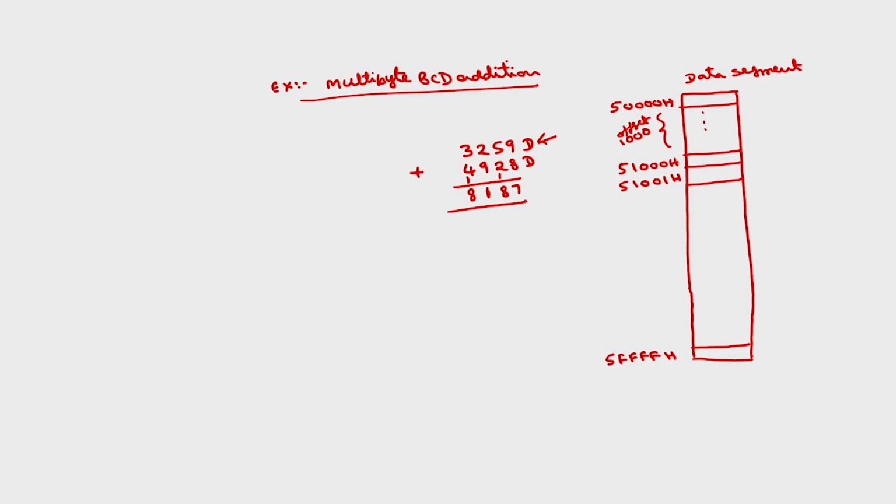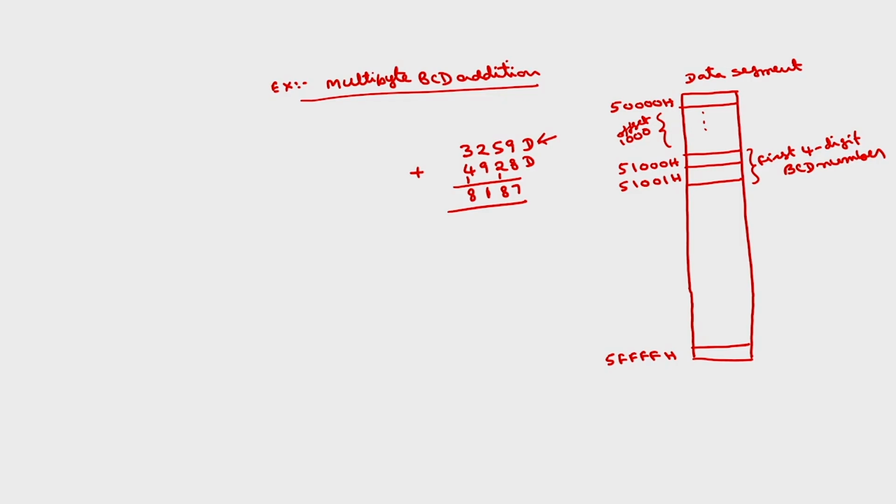Here I am storing the first number. This is 4 digits, which is 2 bytes, so I require 2 locations.